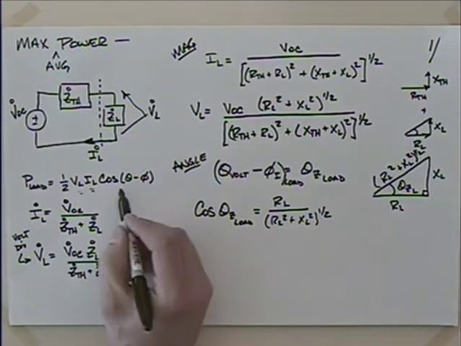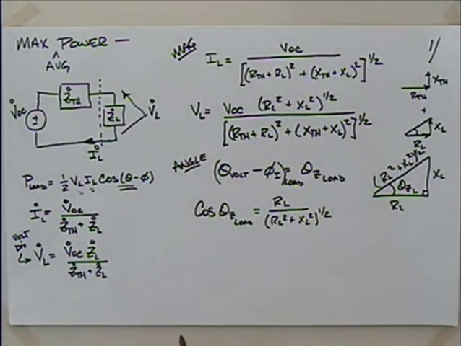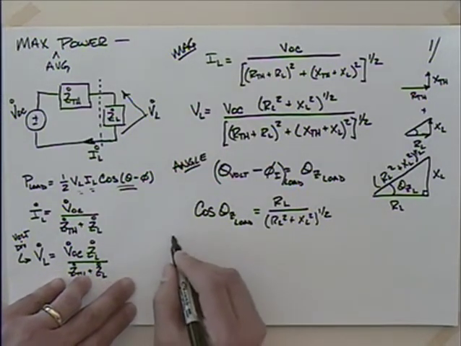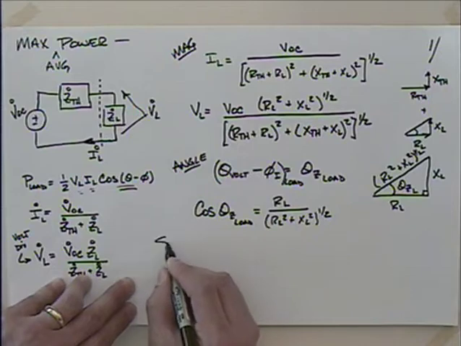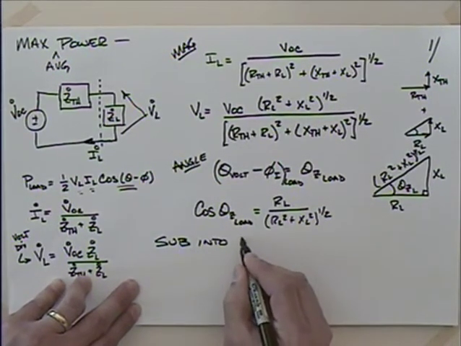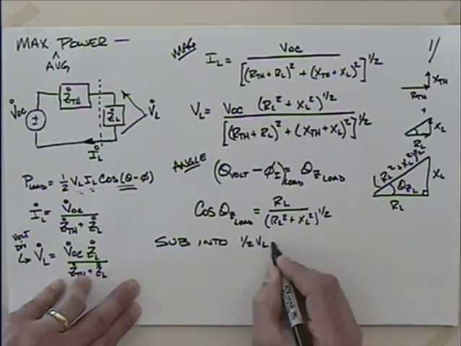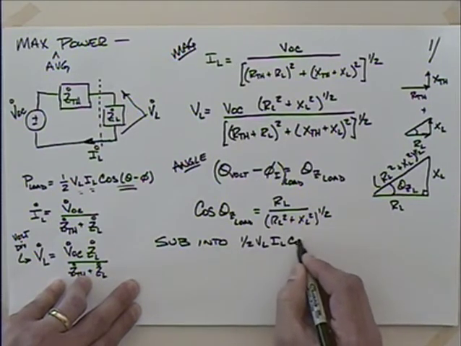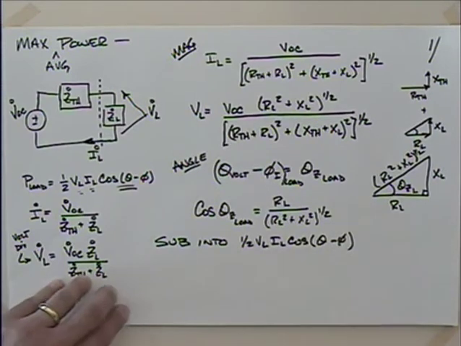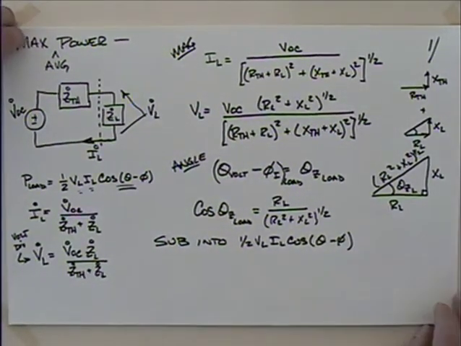Okay, so now I've got this piece here. I've got the angle. So when I substitute those into 1/2 VL IL times the cosine of theta minus phi. No one wants to do the real substitution, but let's look at this thing.